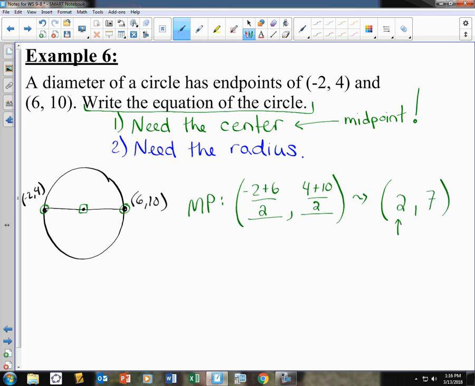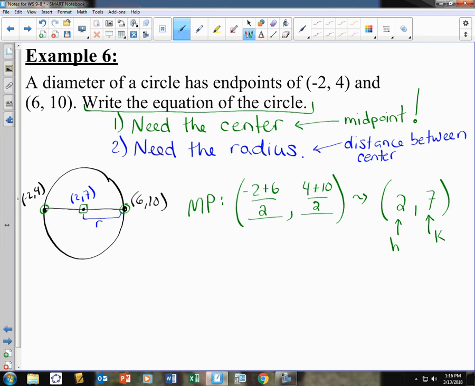All right, so now I have to find the radius. Well, the radius would be the distance between that midpoint that we just found, so 2, 7, and the other point. So essentially, I need to do a distance formula here. So this was distance between the center and other point. And it doesn't matter which other point.